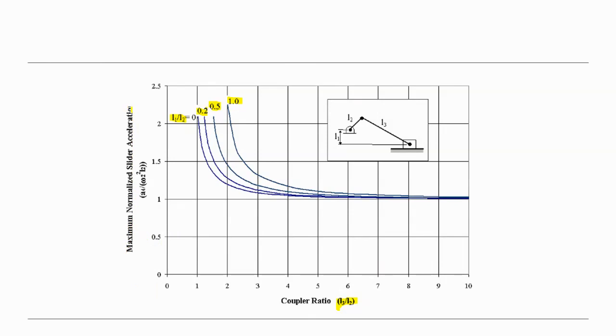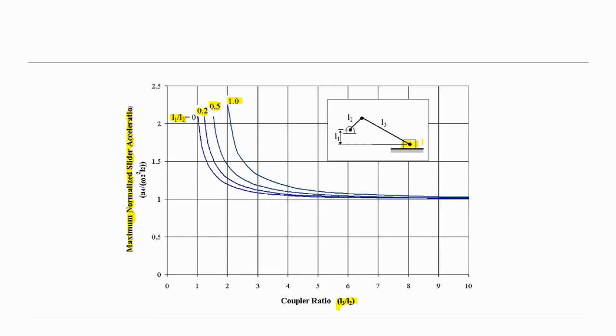This is one of the important points we have to consider, maximal normalized acceleration, because we don't like high acceleration. Acceleration matters especially for the slider here.